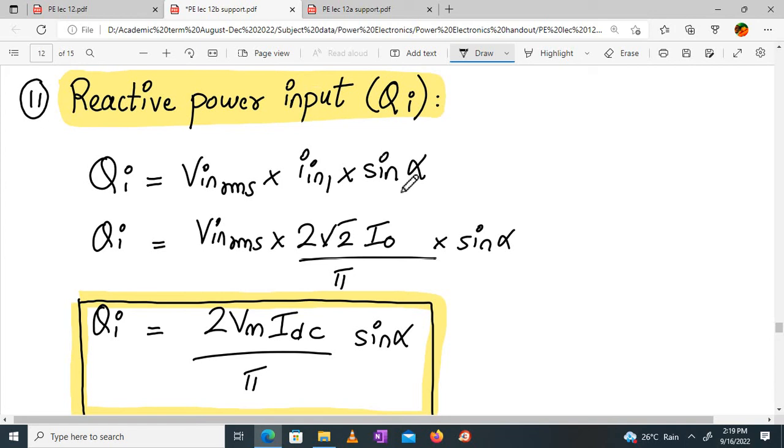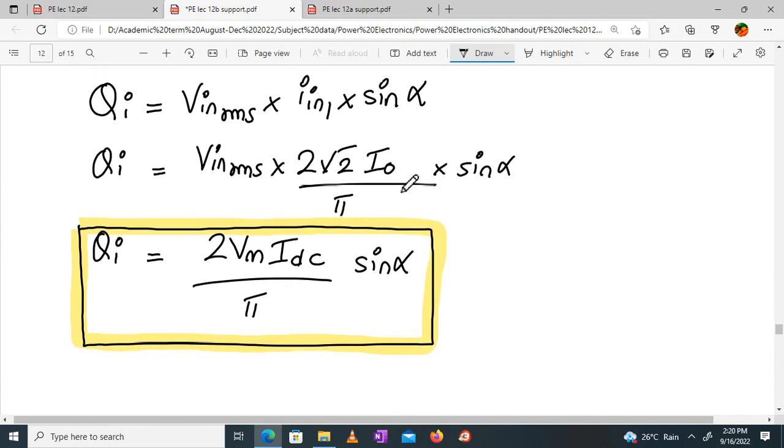V in RMS I in 1 into sin alpha. QI is 2 Vm I DC upon pi. Is that fine? So these are all the formulas for full converter.